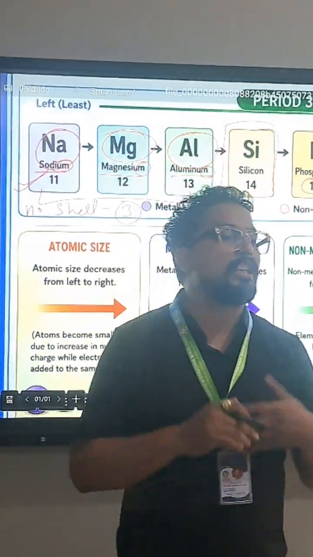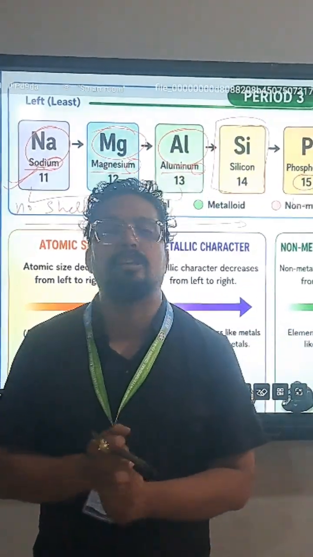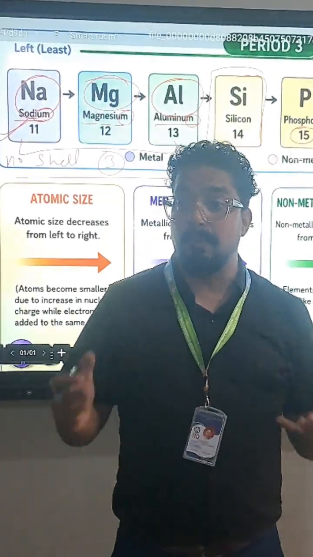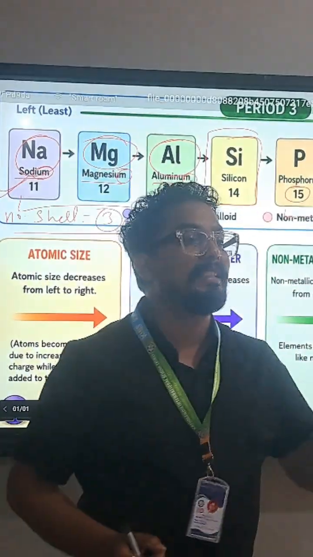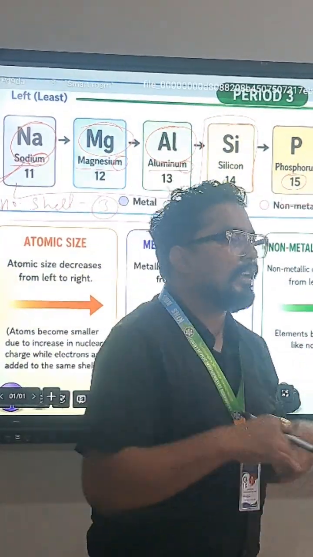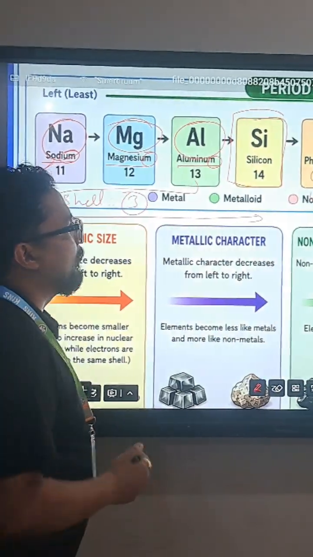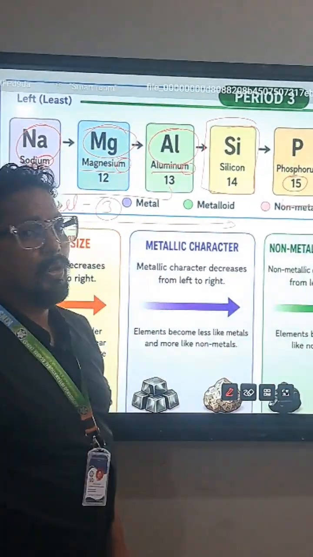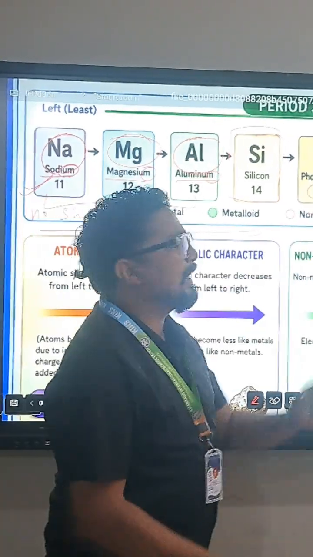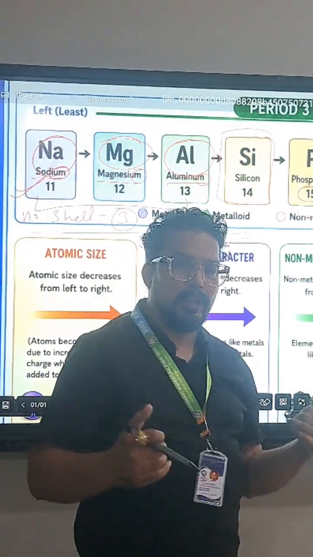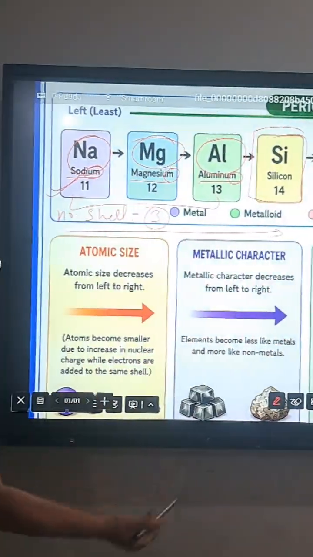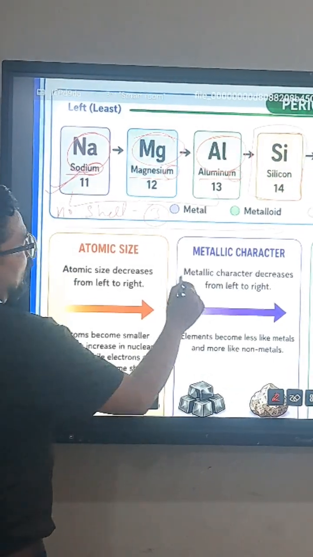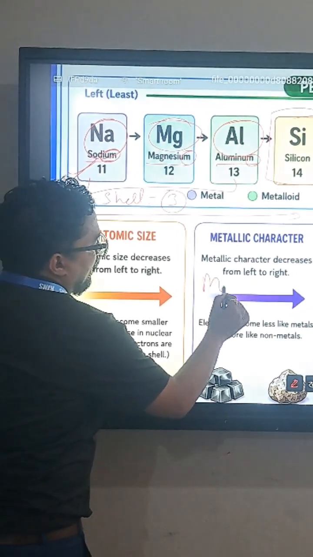For non-metal to be more reactive, the smaller the atomic size, the more reactive it will be. So among these, which one is more reactive? Chlorine. And which one will be the least reactive? Phosphorus.